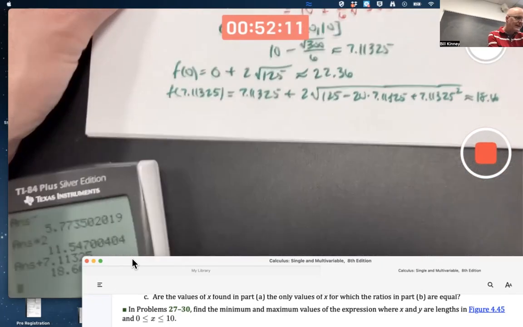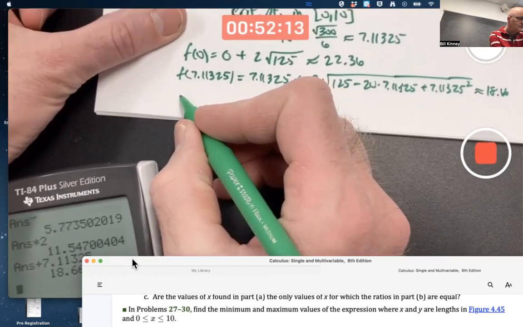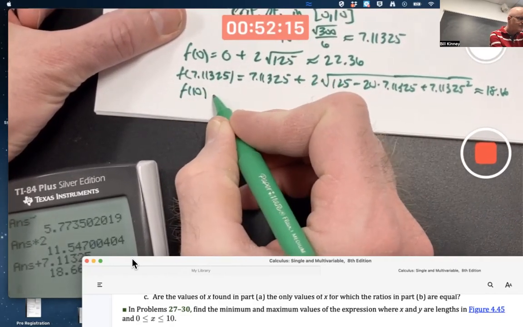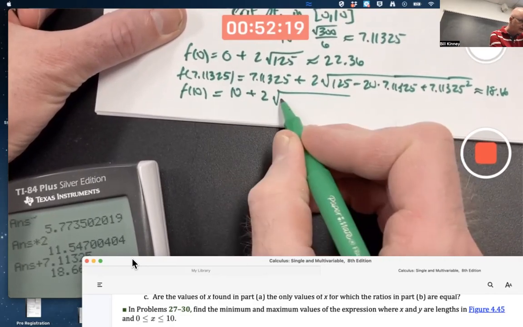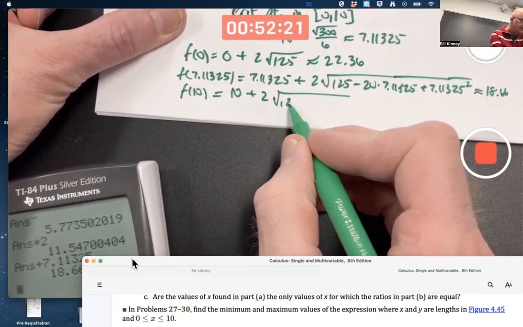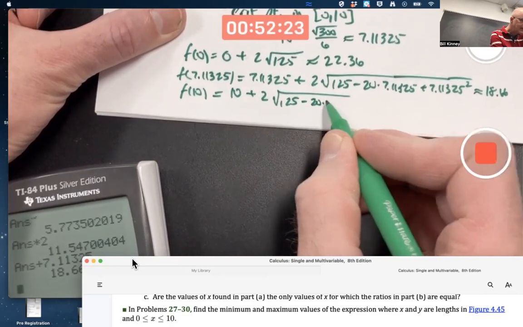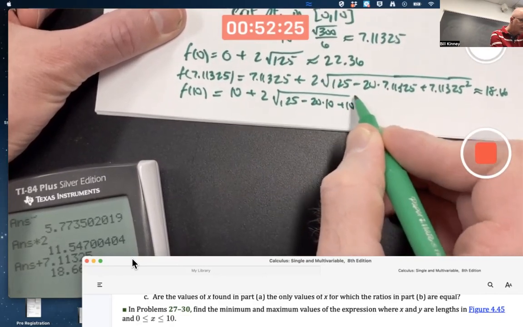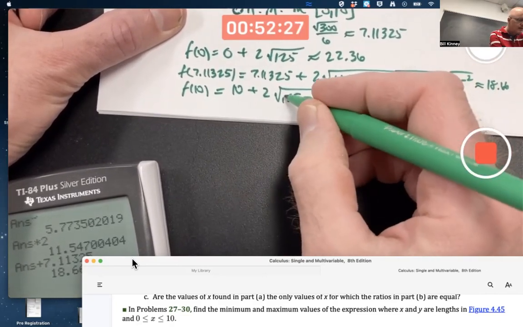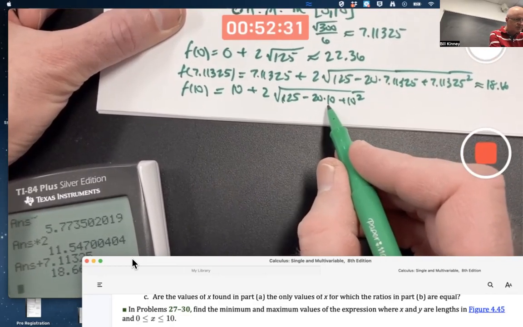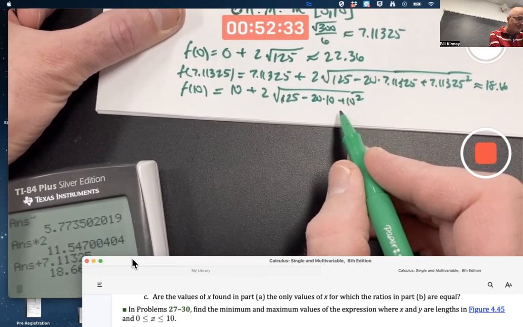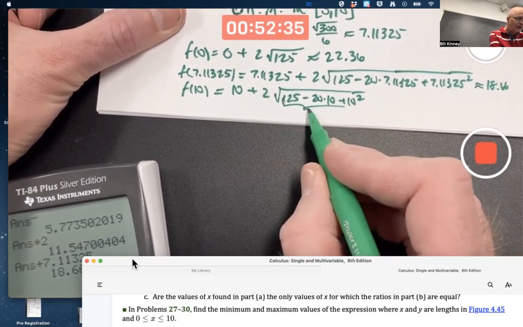18.66. And then F of 10, the right endpoint, is going to be 10 plus 2 times the square root of 125 minus 20 times 10 plus 10 squared. 10 squared is 100, 20 times 10 is 200, minus 200 plus 100 is minus 100. Oh, that's a 25.